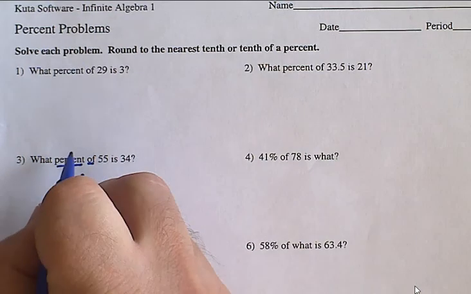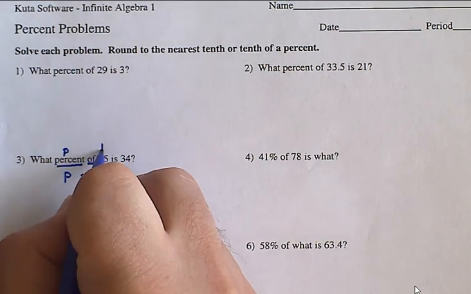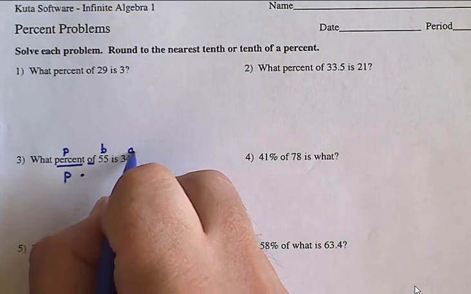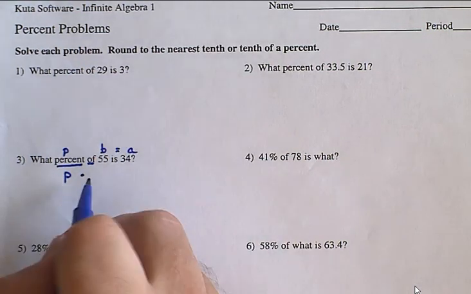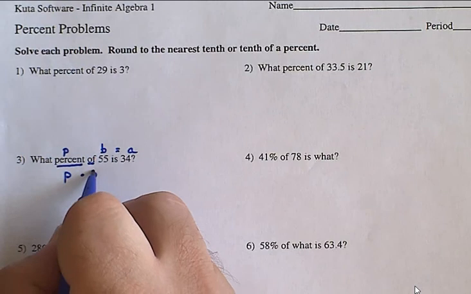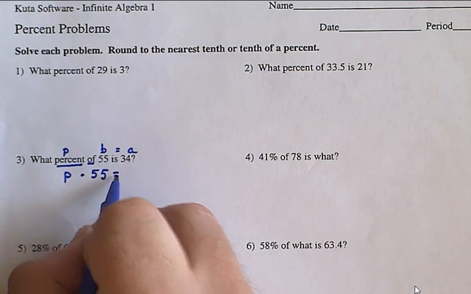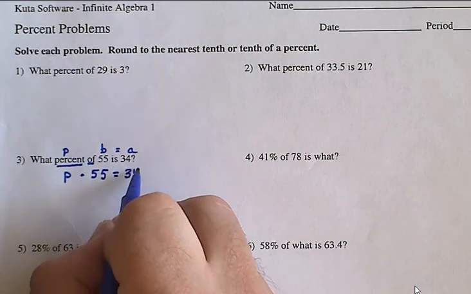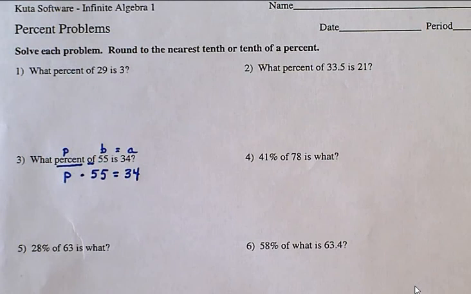So this is P, this is B, this is A. So P times 55 equals 34. Is is where your equal sign always goes. When you see is, change it to an equal sign. When you see of, change it to a multiplication sign.